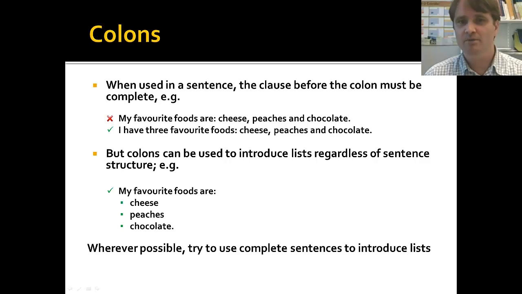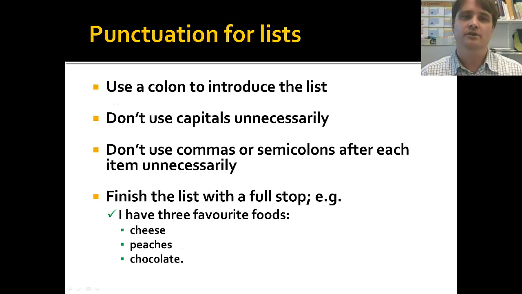But colons can be used to introduce lists regardless of the sentence structure. So for example, my favourite foods are: cheese, peaches, chocolate. Wherever possible, you should try to use a complete sentence to introduce a list, but it's not always absolutely necessary. Okay, so use a colon to introduce the list. Don't use capital letters unnecessarily.